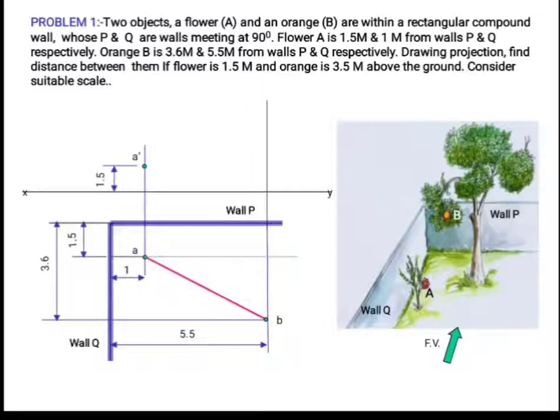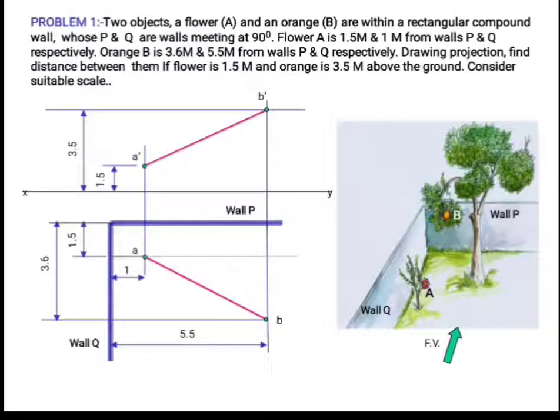So I am extending the projector in the upward direction through B, and the height of the orange is 3.5 meter above ground. So marking 3.5 meter from the XY line, I will get the point B dash. Now the line joining A dash B dash will represent the elevation of the line connecting the flower and orange.